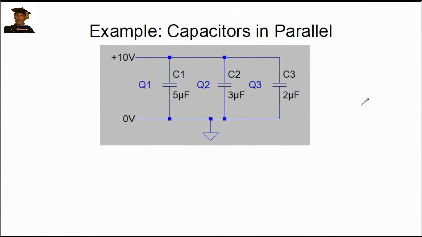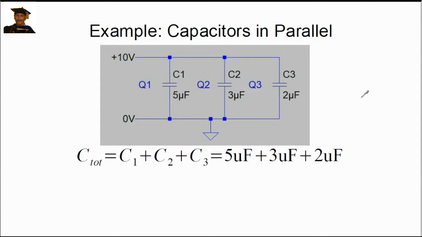Here is an example of capacitors in parallel. C1 plus C2 plus C3: we have C1 is 5 microfarads, C2 is 3 microfarads, and C3 is 2 microfarads. Just add those up, and you get the total capacitance of 10 microfarads.